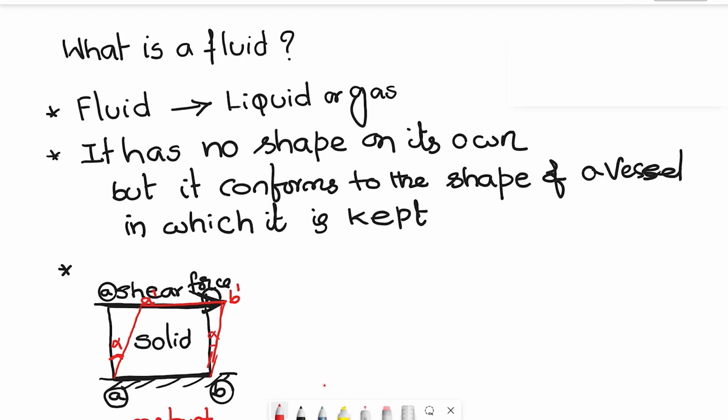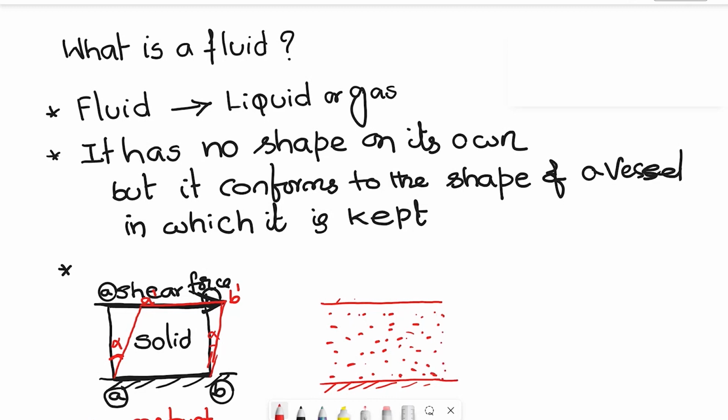Whereas now, if I take a fluid, for example, this is a fluid which I kept here. I kept the fluid between these two, right? Bottom is fixed. Now I apply the shear force here.